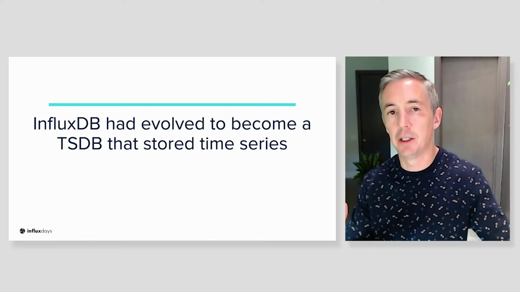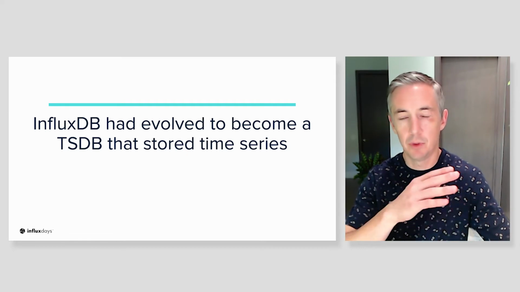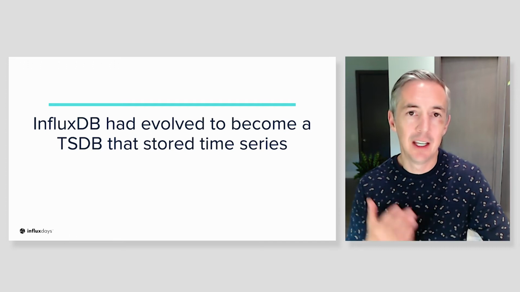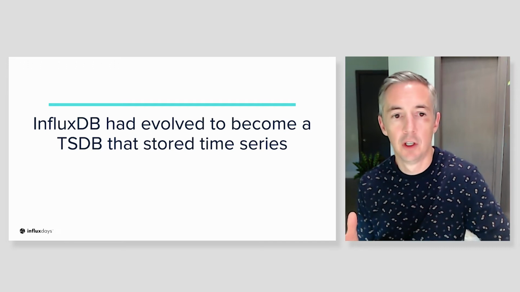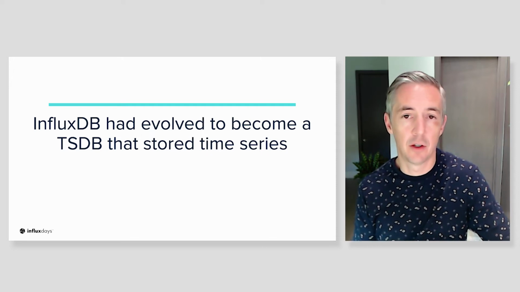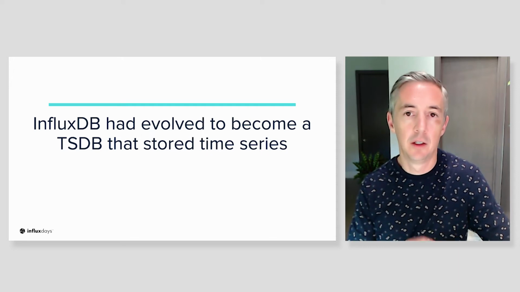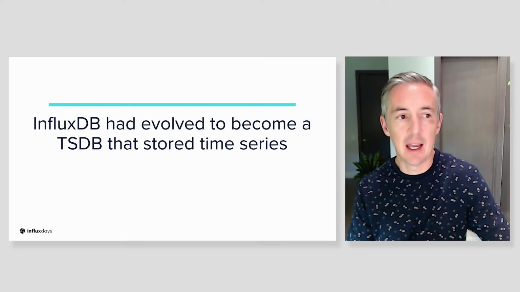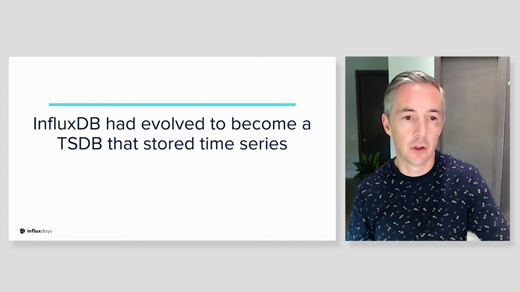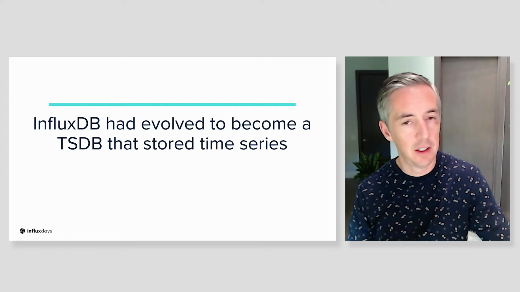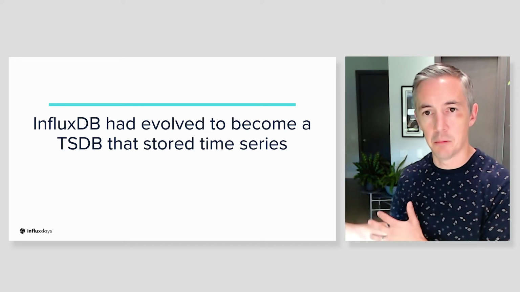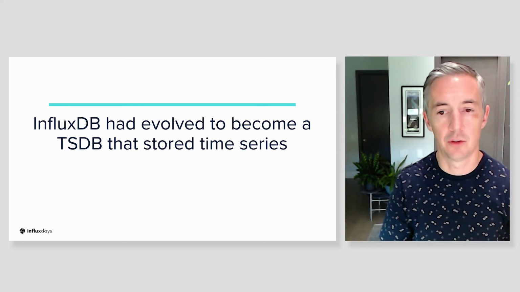Now, what had happened in that period from 0.8 to essentially 1.8, a multi-year period, is that InfluxDB had evolved to become a time series database that stored time series, right? Like I said, originally we wanted metrics and events, and InfluxDB can still be used to store events, but really under the hood, it's a pure play time series database that has these individual time series and metadata that it maps onto those.